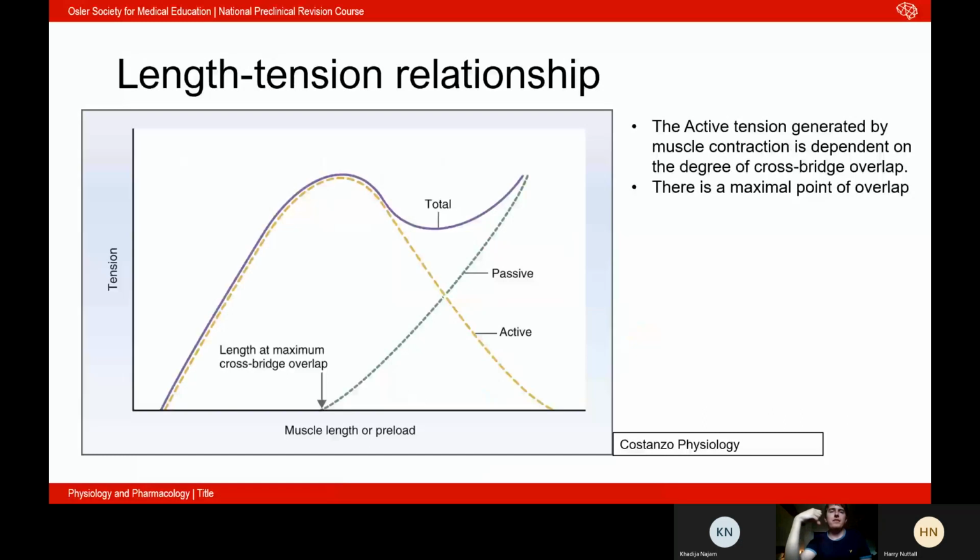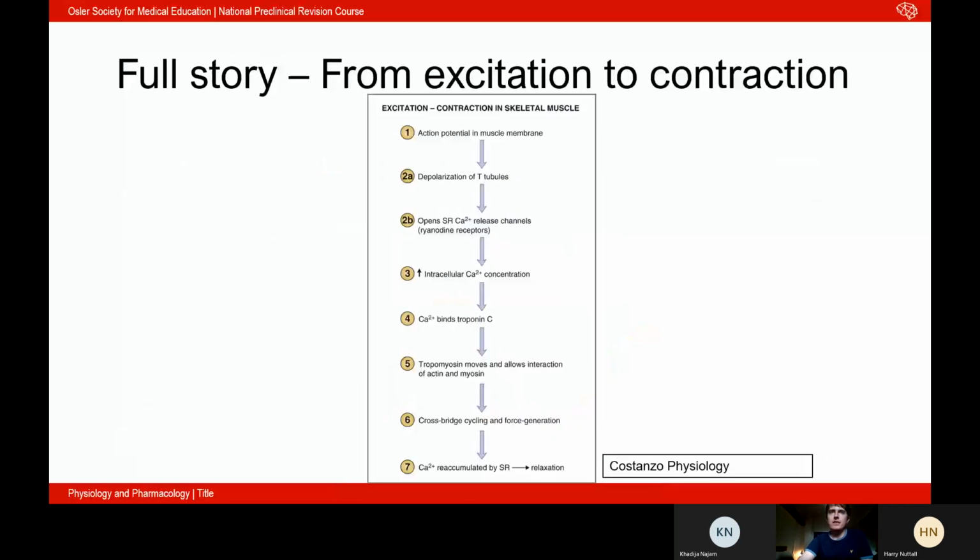But if we lengthen the muscle too much, the myosin heads won't all come into contact with an actin molecule, and so the tension will be submaximal again. So at the point at which the actin and myosin can form the maximum number of cross bridges, based on the number of myosin heads that can bind to an actin binding site, that's the point at which the tension generated is greatest.